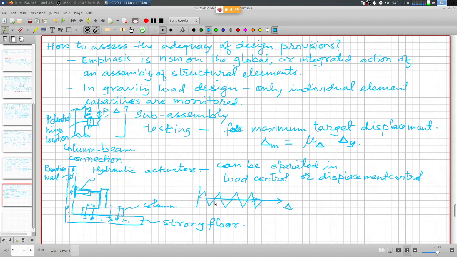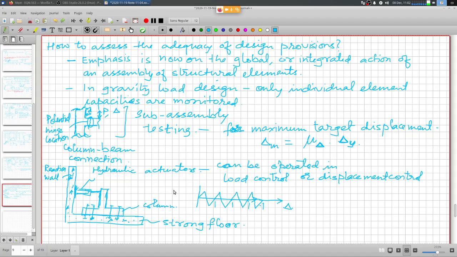So these are the 4 cycles. This is the 1st cycle, this is the 2nd cycle, this is the 3rd cycle, and this is the 4th cycle. Right? So there are in all 8 load reversals. So this is one maximum load, negative maximum load, second positive maximum load, second negative maximum load, and so on.